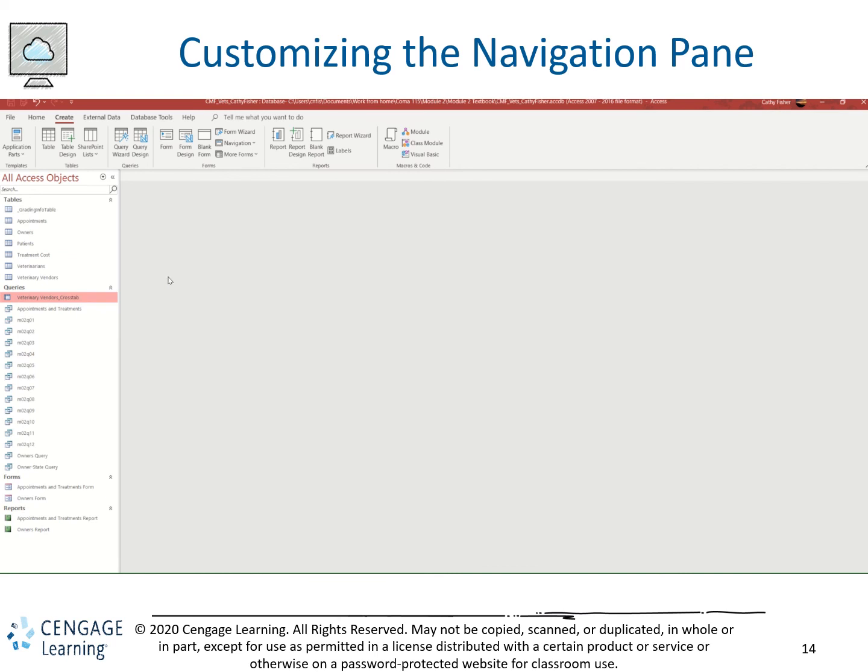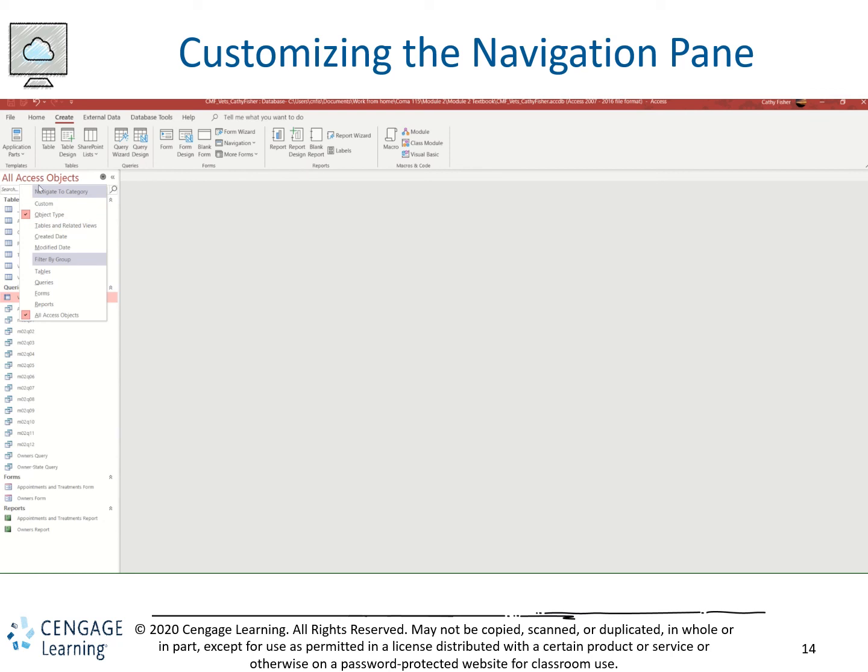The final thing that we need to look at is just our navigation pane right here. So we have a search bar that we could search for access objects. You also have a drop-down list here. In this list is all access objects. And we want to navigate to category by object type.